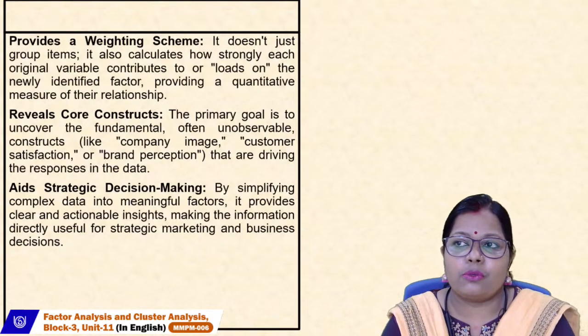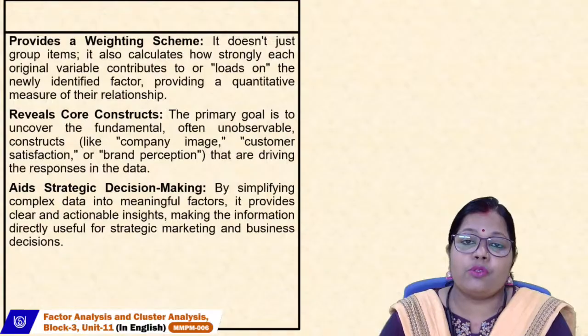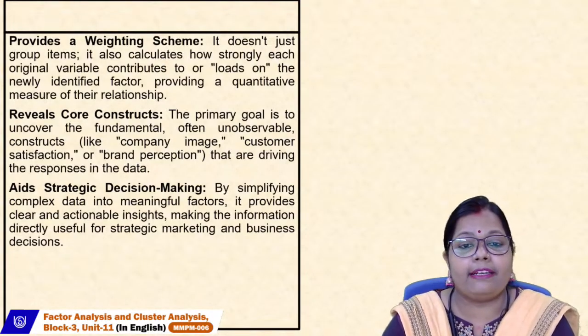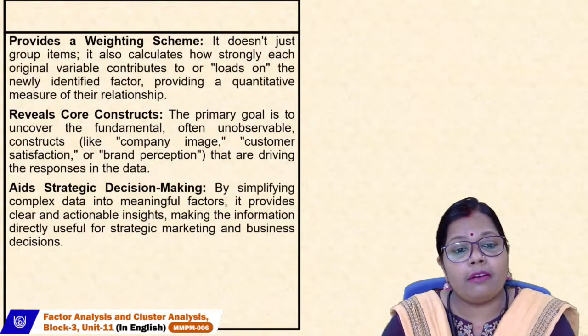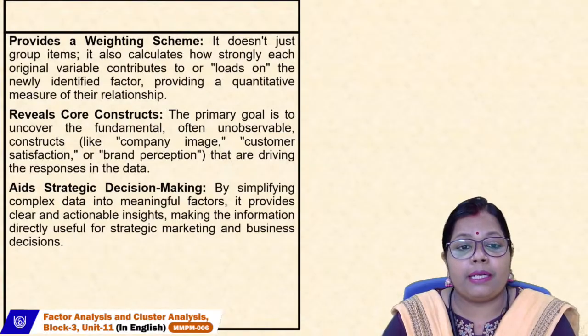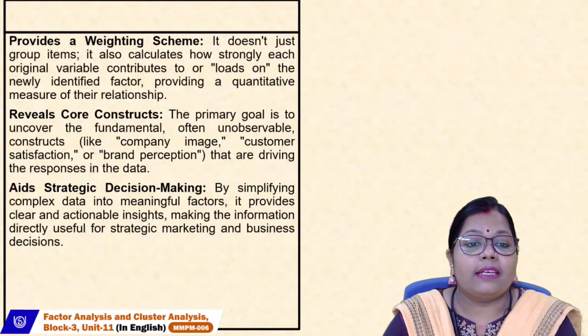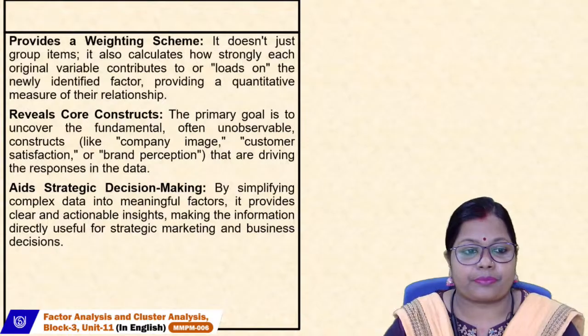These kinds of variables, which are not directly observable, are called latent variables. So the primary goal is to uncover the fundamentals of unobservable constructs like company image, customer satisfaction, or brand perceptions. These are the constructs driving the responses in the data.